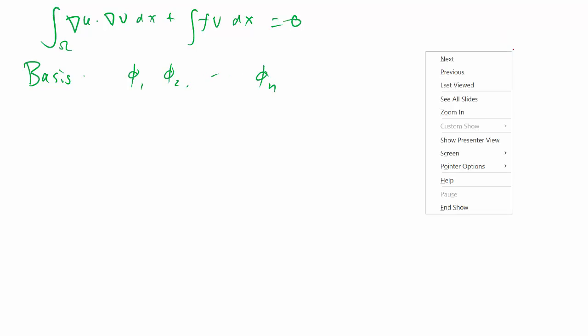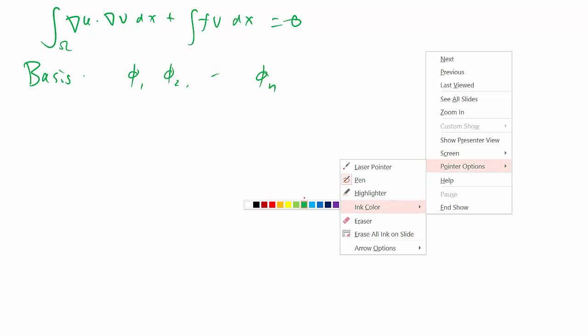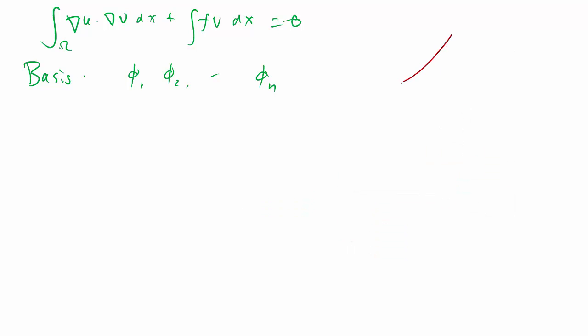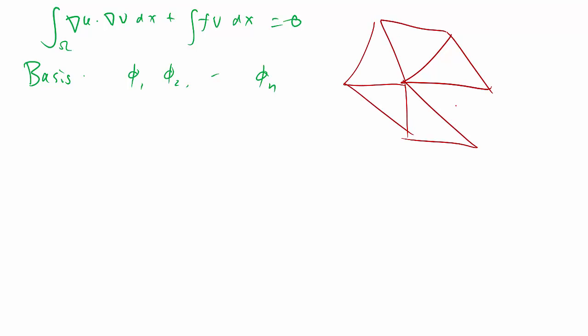Let me take a look at this in our case. Remember we have a collection of triangles that can be pretty large. We want a basis for the space that is continuous and piecewise linear.